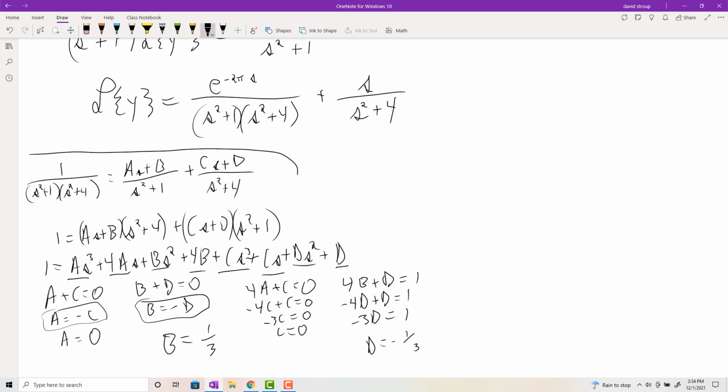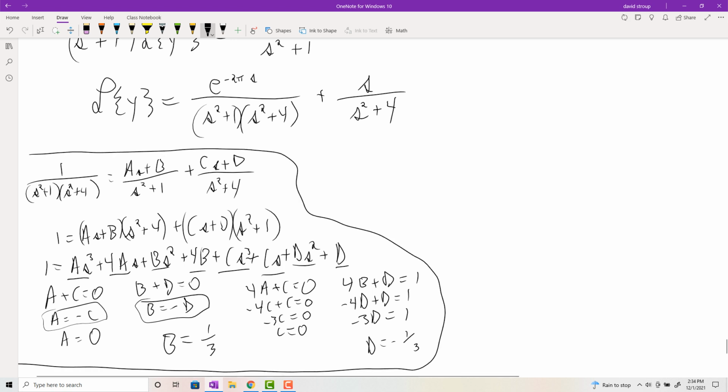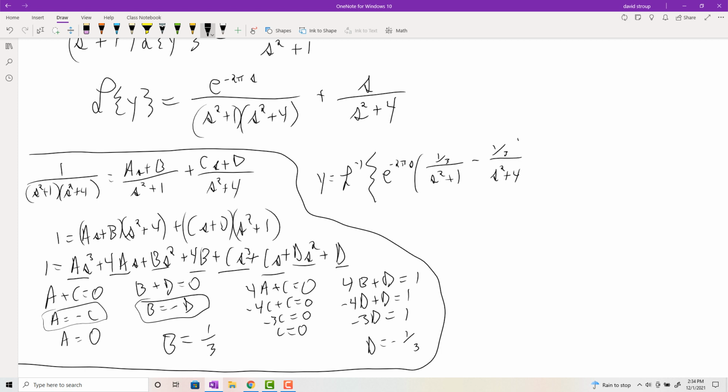Okay, so let's quarantine that. I need to do a Laplace inverse now, so y equals Laplace inverse of all of this jazz. So I have e to the negative 2 pi s, should become a Heaviside function, times (a is 0, b is 1/3) 1/3 all over s squared plus 1, plus c, which is 0s, and then plus d, so minus 1/3 all over s squared plus 4, and then plus the s all over s squared plus 4.